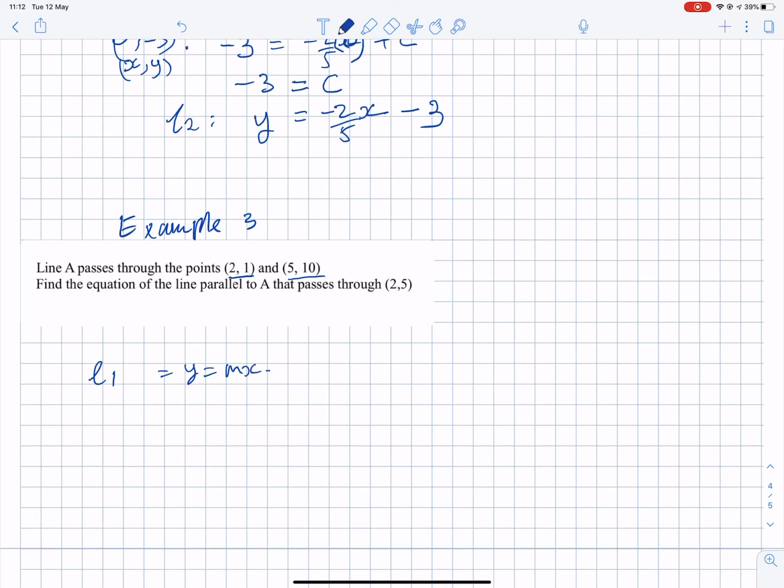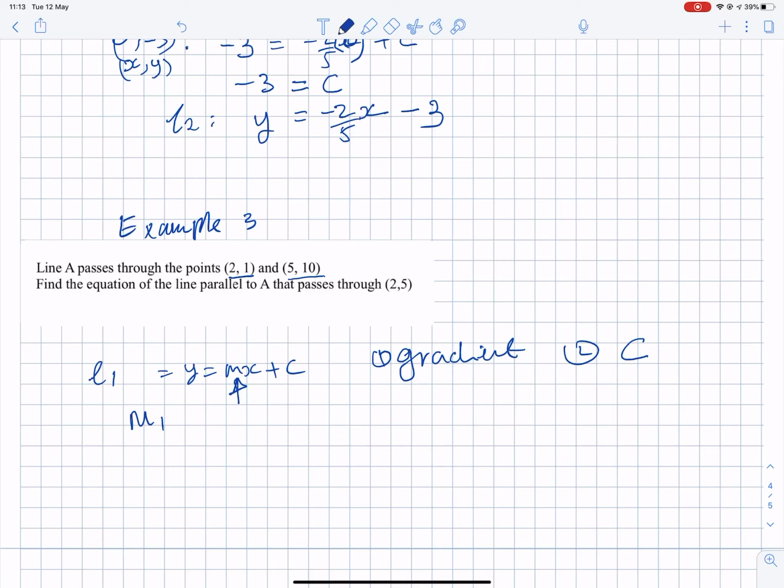All I know is the general formula of the equation of a straight line is this. I do have 2 points, so I can find the gradient. So what do we need to do? We need to find the gradient, and you need to find c, the y-intercept, for the first line. So let's just do that.